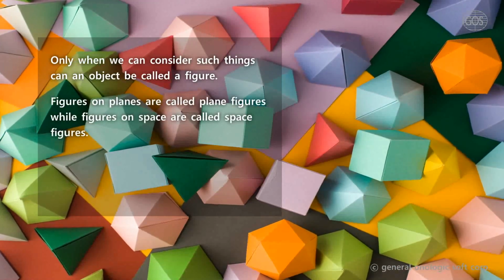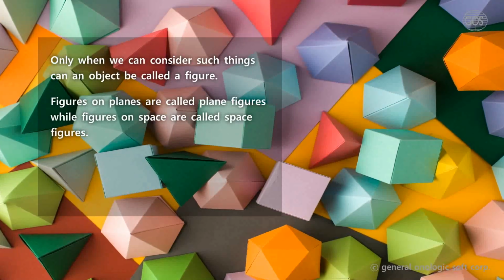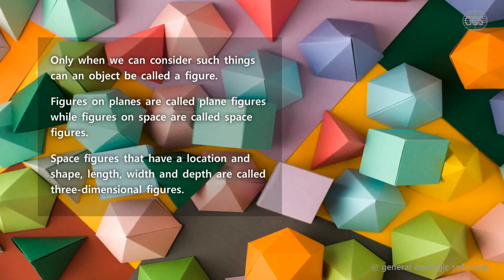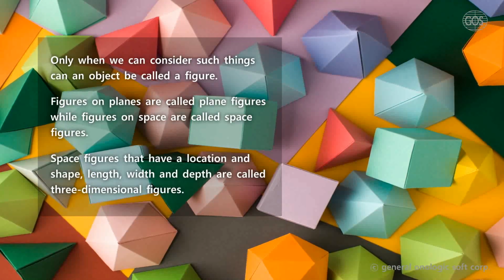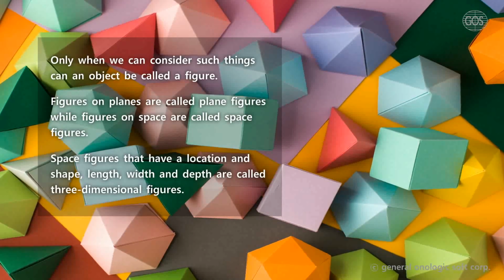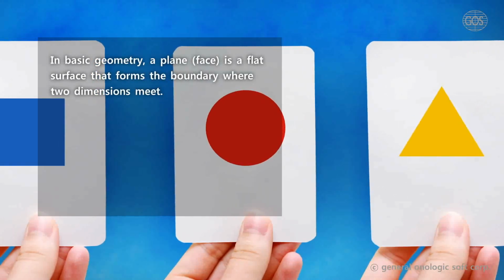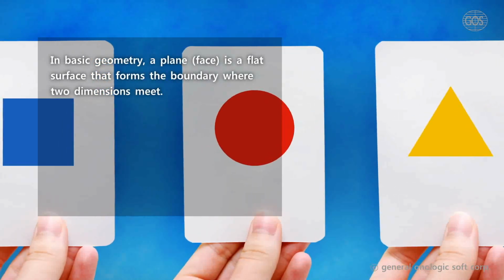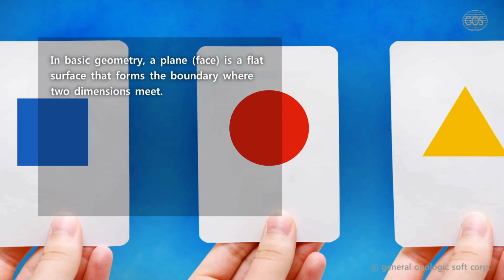Figures on planes are called plane figures, while figures in space are called space figures. Space figures that have a location and shape, length, width, and depth are called three-dimensional figures. In basic geometry, a plane, or face, is a flat surface that forms the boundary where two dimensions meet.